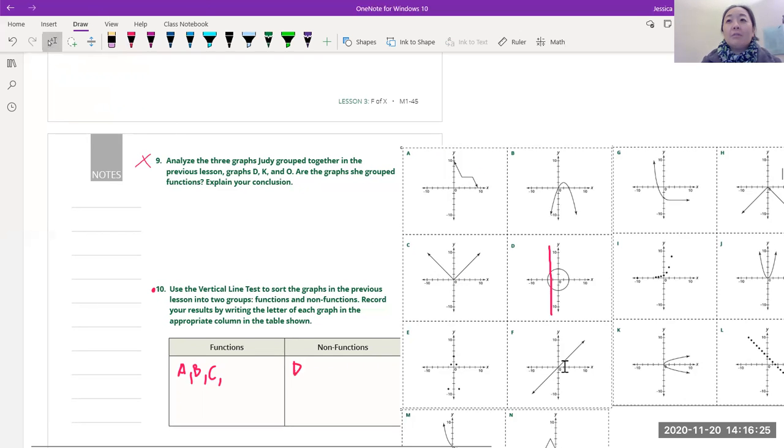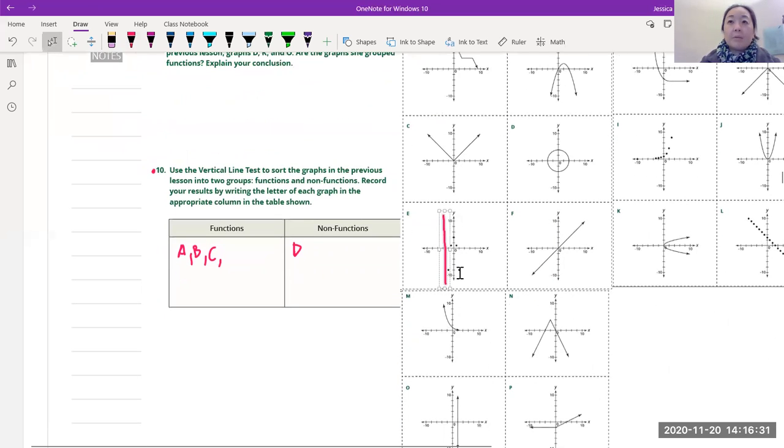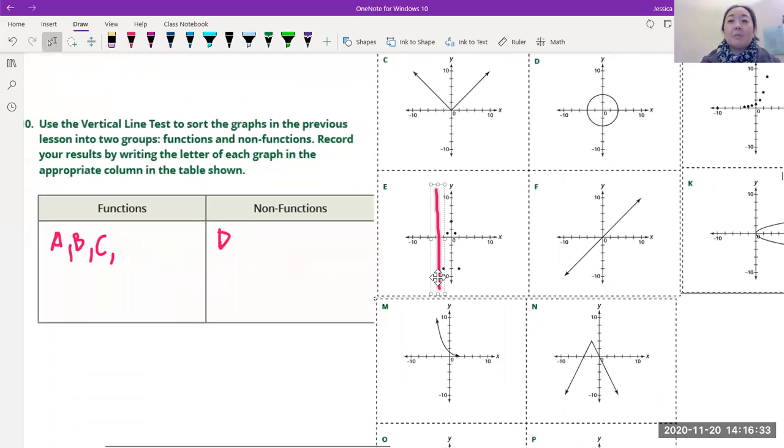And then let's try E. So notice right here, maybe you guys cannot see very well. I'll make it a little bit bigger for you. If you notice right here, oh, it's close, but no, it only hits each point once, right? So that is definitely a function. It kind of looks like it wouldn't be, but it totally is, right? And then if you look at F, definitely straight line.